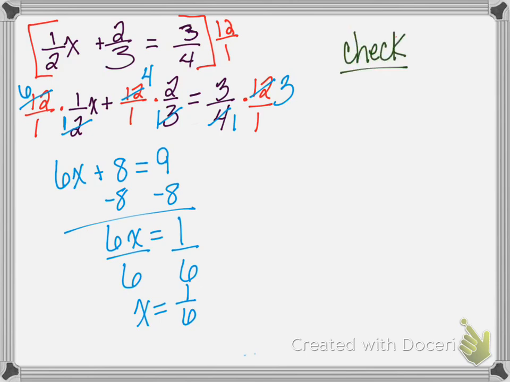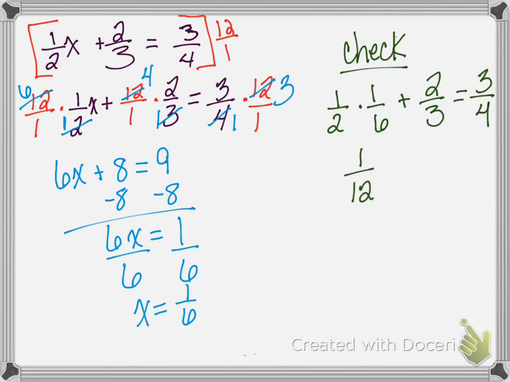Okay? I do want to go ahead and check this. So I have 1/2 times 1/6 plus 2/3 equals 3/4. I have to do the 1/2 times the 1/6 first. That's going to be 1/12. Plus 2/3 equals 3/4.